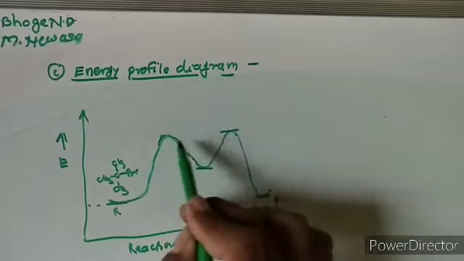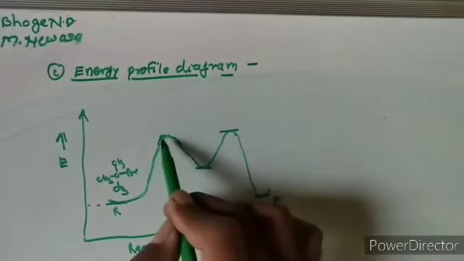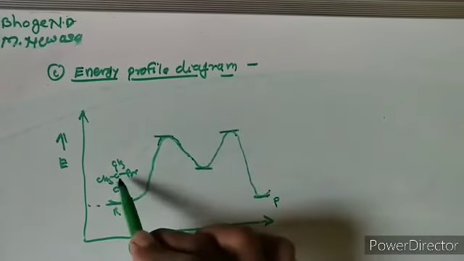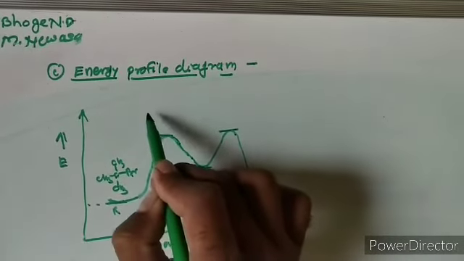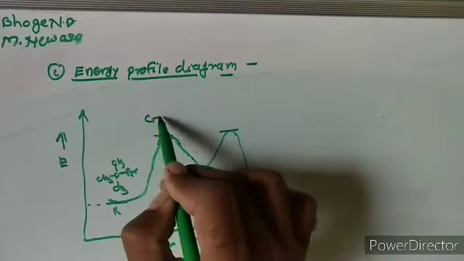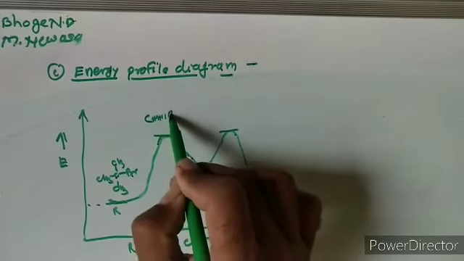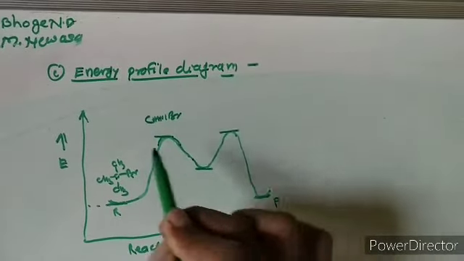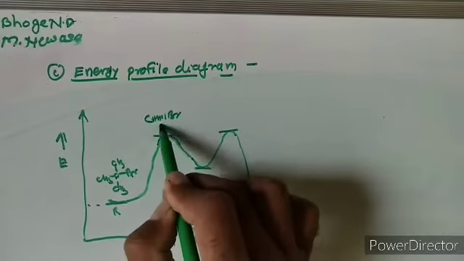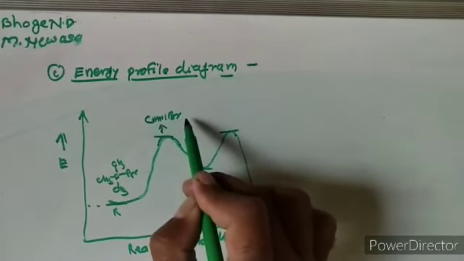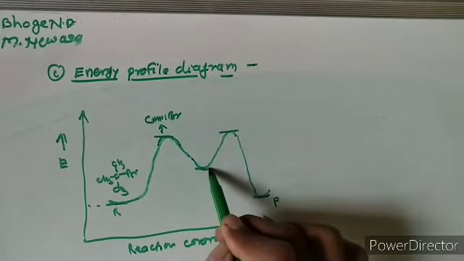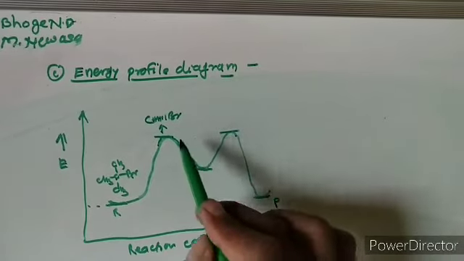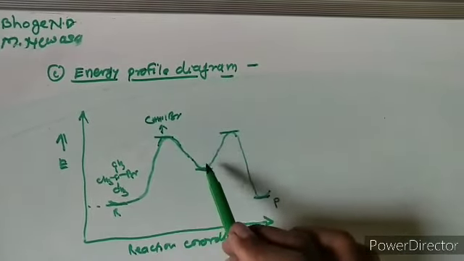So there are two peaks in the SN1 reaction. The first peak is for the partial breaking of the carbon-halogen bond. At this point the energy decreases because the departure of the leaving group takes place fully.